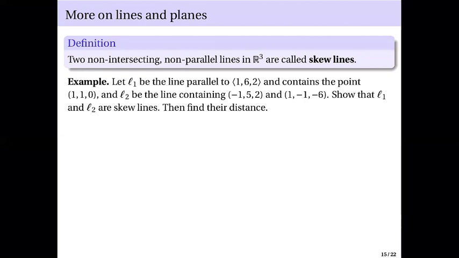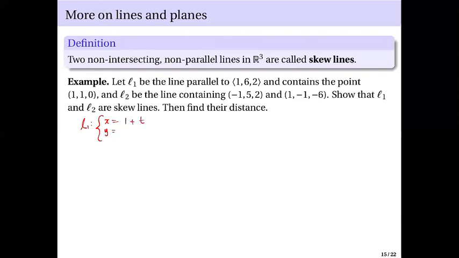Let's see. For L1, let us transform this information into parametric equations. So you have your x equals 1, because it contains the point here, 1 plus t.